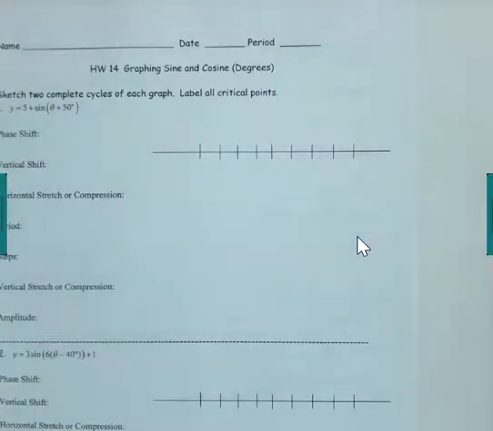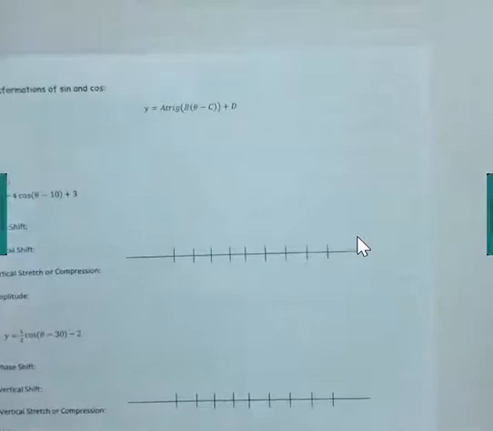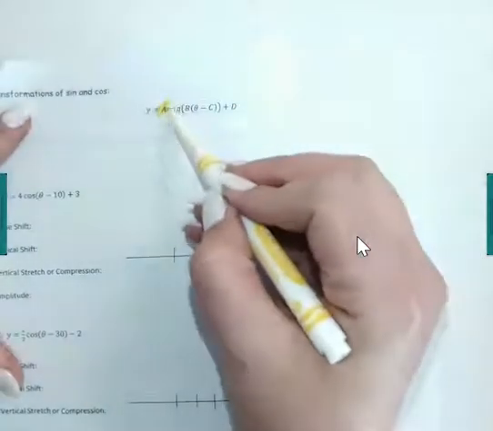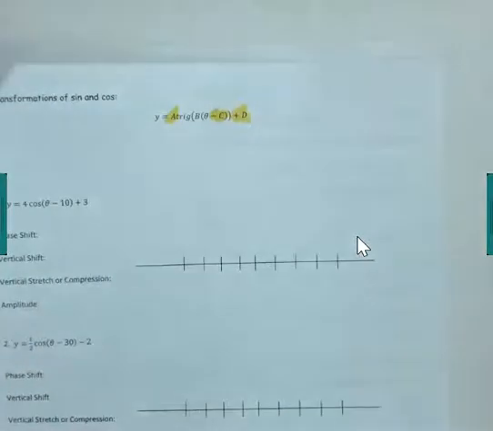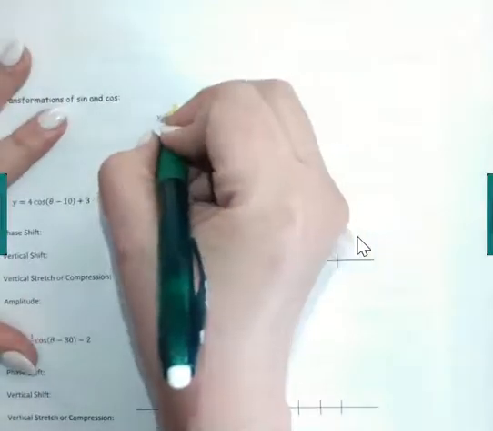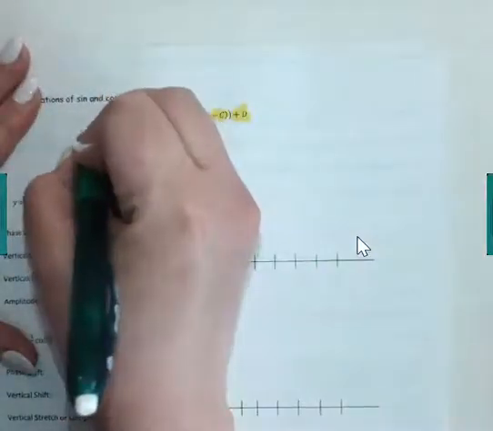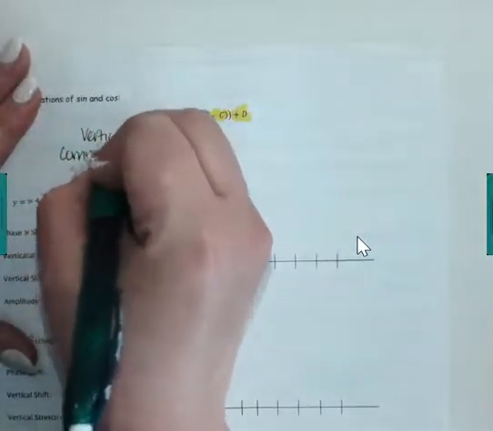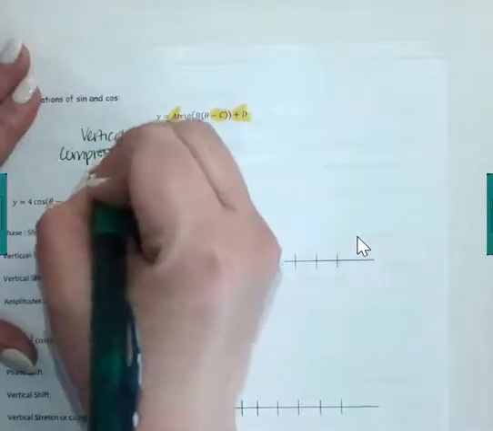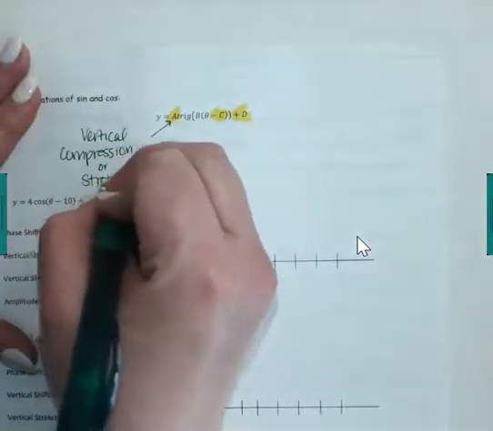Alright, so at the top, hopefully you remember what these numbers do. You have a number here, and a number here. Now, you also have a B. Just ignore the B for right now. The A in the very front is going to affect whether you have a vertical compression or stretch.